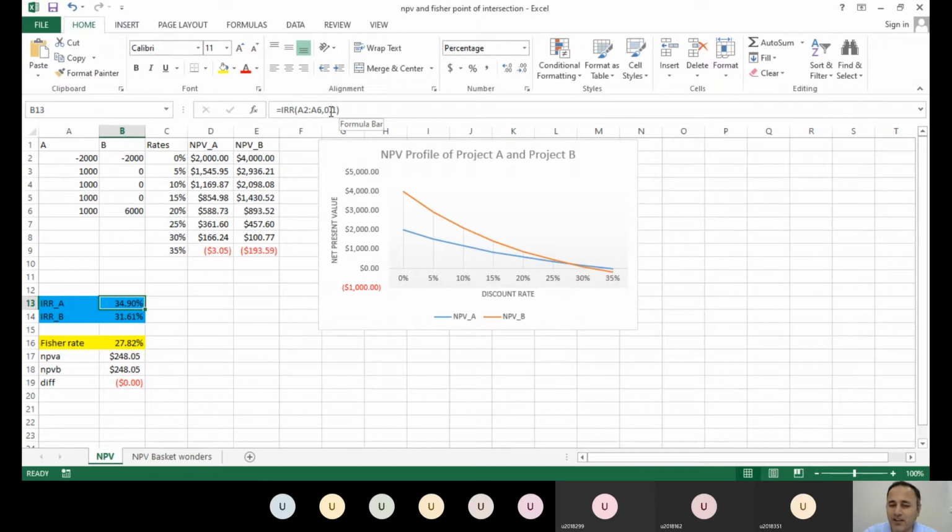The guess number can be anything, like 0.15 if you think it's close to 15%. It doesn't make a difference. It only gives a reference point to the computer, which through an iterative process zeroes in on the rate at which the NPV is 0. So IRR is technically the internal rate of return at which the net present value of a certain project is 0.